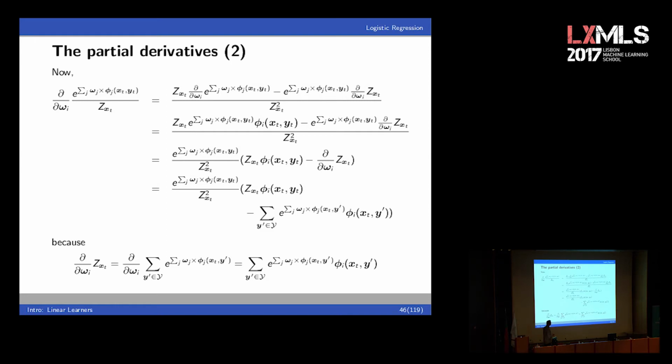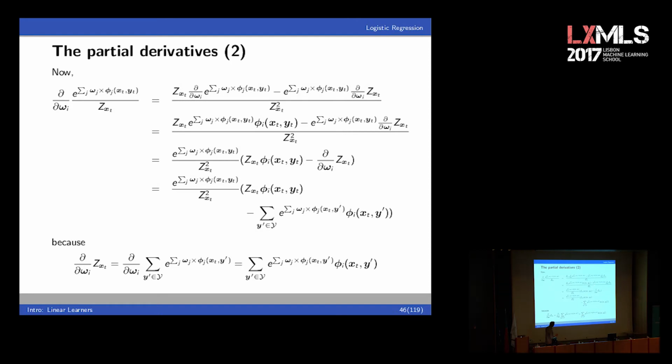So it's the denominator times the derivative of the numerator, then the numerator times the derivative of the denominator, this here squared. Then I'm taking the derivative of this term here. You can see that's easy. It's e up to the sum, stays the same, and the derivative of the linear model is just the feature vector.